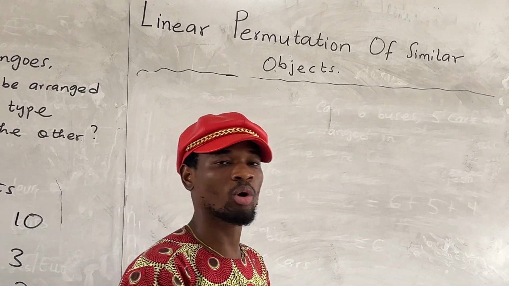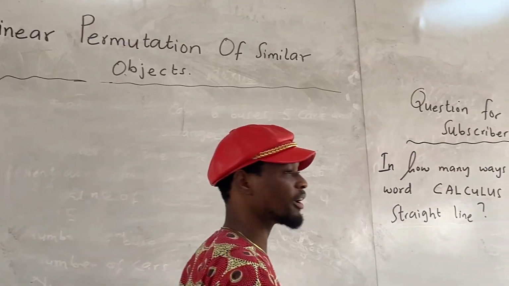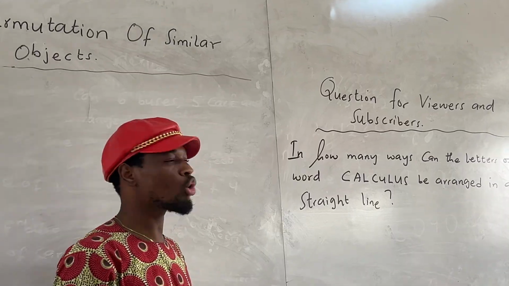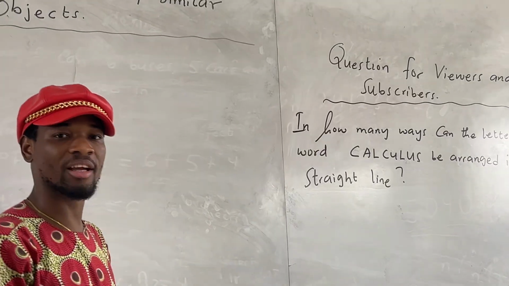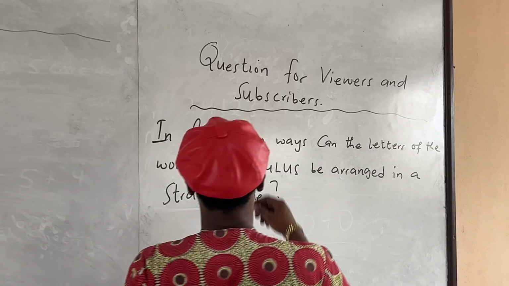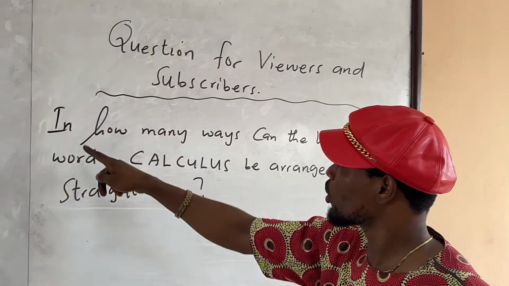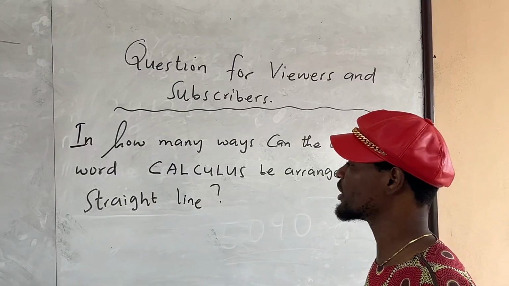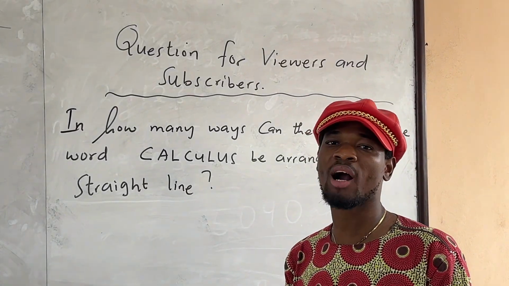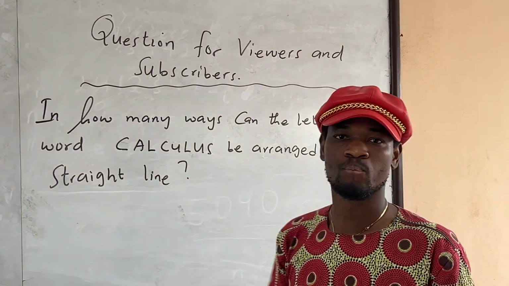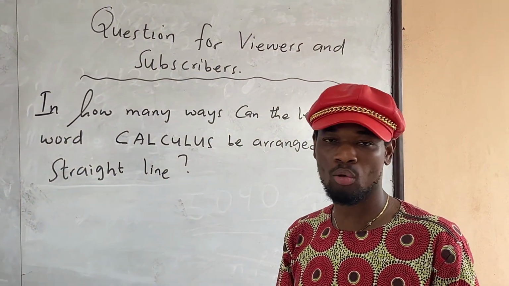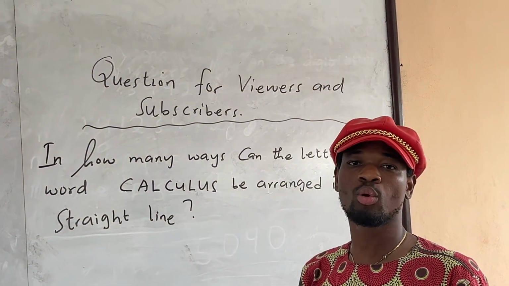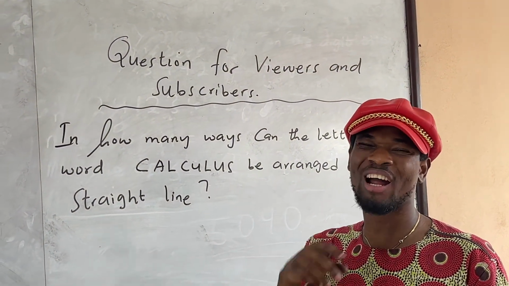Viewers, I have a question on the board for subscribers and viewers. In how many ways can the letters of the word calculus be arranged in a straight line? First of all, look out for the total number of letters in the word calculus: 1, 2, 3, 4, 5, 6, 7, 8. Then look out for the letters appearing more than once.